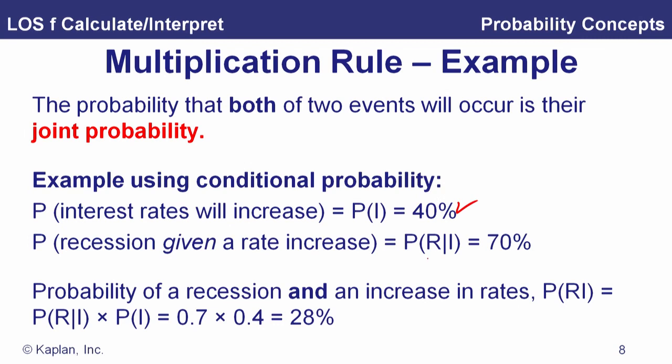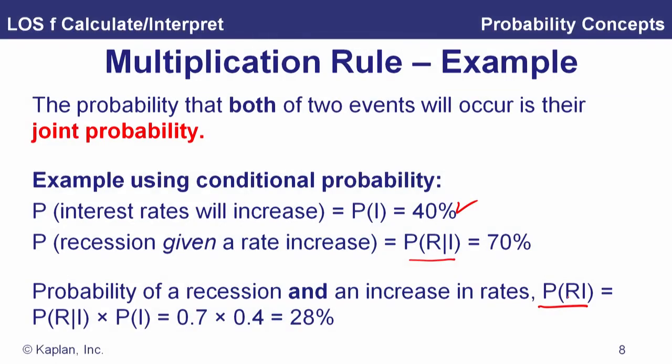And we're given the conditional probability, the probability of a recession given that interest rates increase, is 70%. So to get the probability of an interest rate increase and a recession, we multiply those two together and get 28%. So 28% is the probability that both will occur.